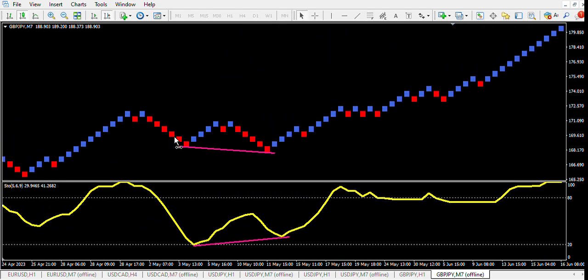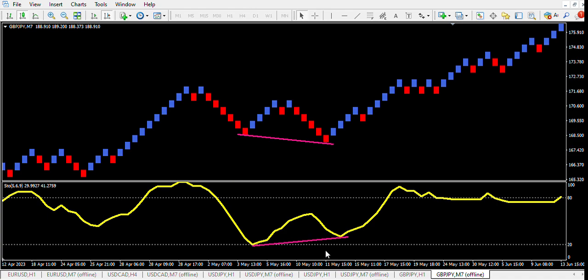Let's continue to look left here. As you can see, again, we were oversold here. You can see that it's divergent. You can see right here, obviously, very easy to see. You would have gotten in here, and where would be your take profit?